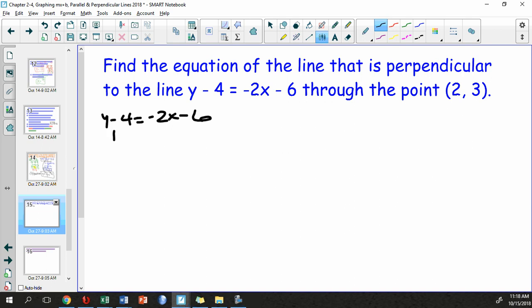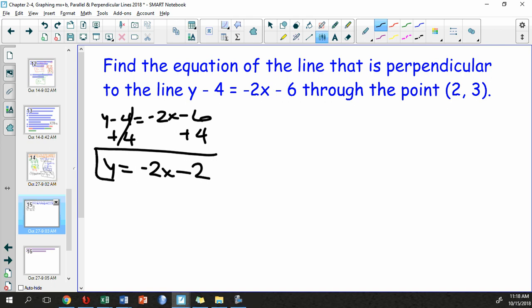So I'm simply going to add 4 to both sides, and I get y is equal to negative 2x minus 2. What do I want out of there? I want the slope, which is attached to the x value, yes? So my slope of this line is negative 2.